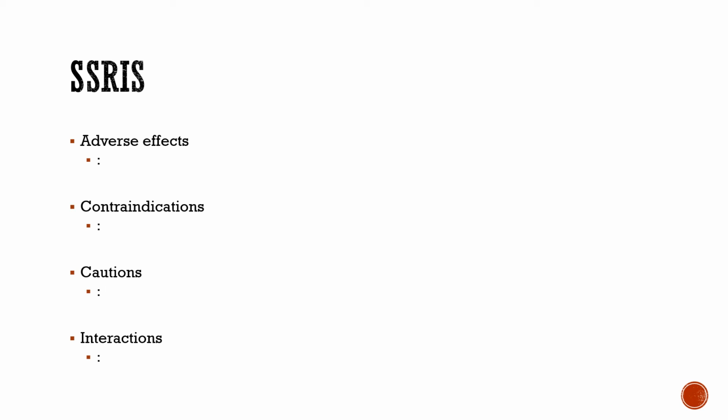Interactions, MAOIs, we talked about, TCAs, triptans, St. John's wort, some anticoagulants, right? We're going to increase the risk for bleeding. NSAIDs, because we talked about that risk for GI bleeding with these.